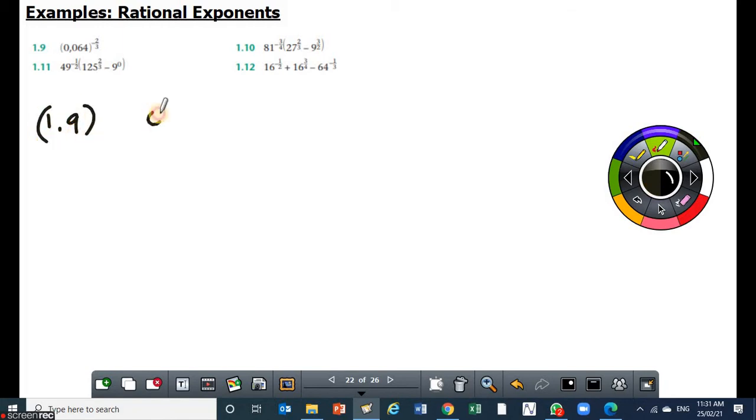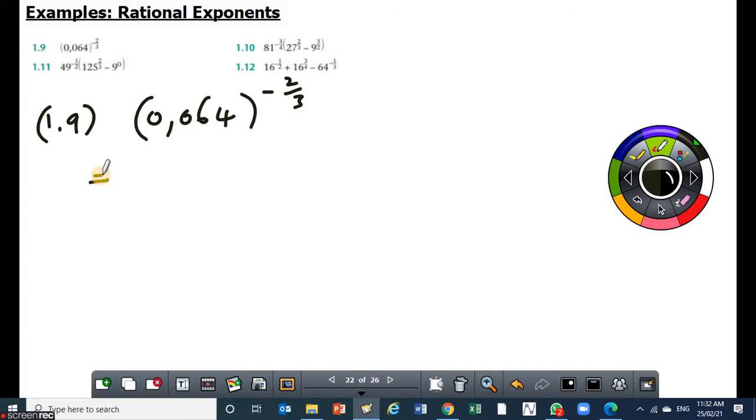So you have 0.064 raised to the power of negative 2 over 3. Now you are supposed to simplify this question without using a calculator. What you're supposed to do is convert that base, which is a decimal, to a common fraction.